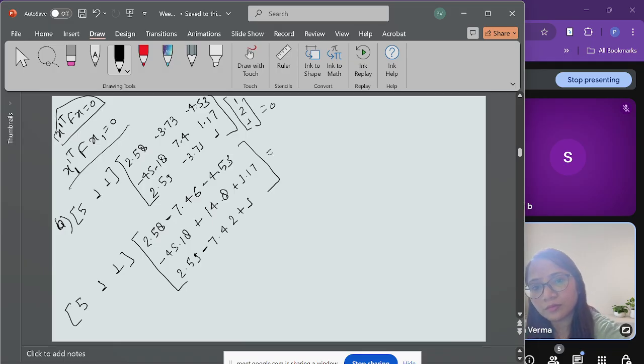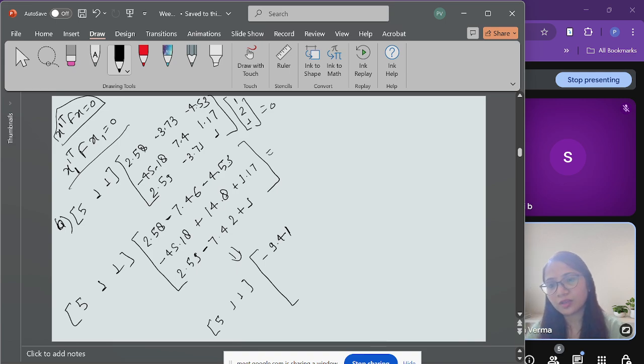So if you just subtract and add these values, you will get minus 9.41 here, and 29.21 approximately. So just take it with this one, and here you will get minus 3.83.